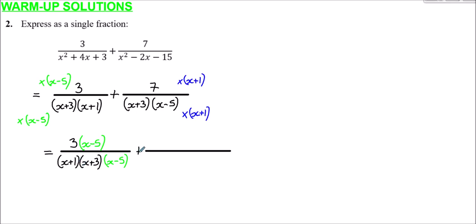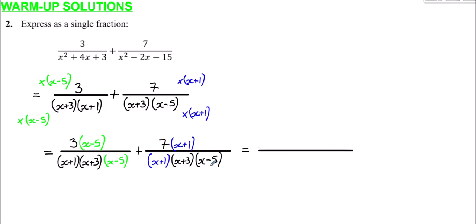Then over here, I've got 7 multiplied by x plus 1, which of course I'll just write in now. 7 times x plus 1. And this denominator, again multiplied by x plus 1, will become x plus 1 now, multiplied by what we had before, of course, which is the x plus 3, x minus 5. So now these denominators are common, so we can now combine the two fractions into just a single algebraic fraction.